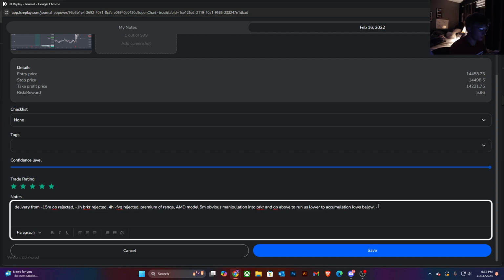Also bearish order block 1 minute, protecting stop loss. Leverage, only risking profits from AM. Also on the field, 5-minute fair value gap below.